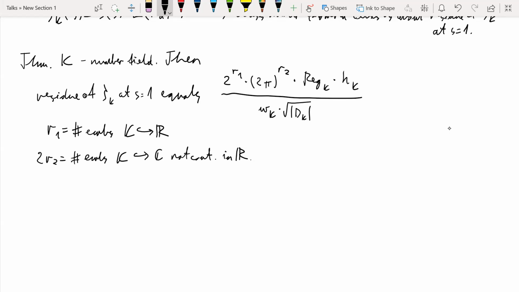This h K here, h K is equal to the class number of K. w K is the number of roots of unity in K.